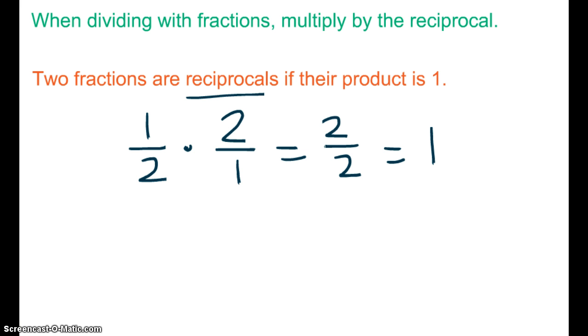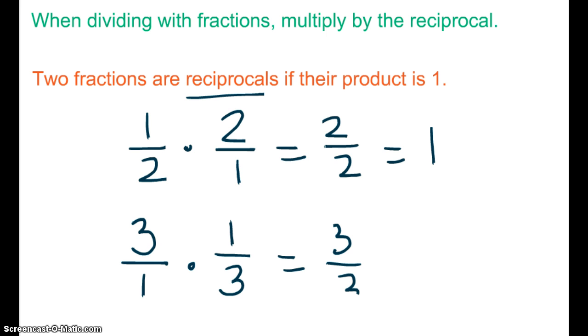So what would be the reciprocal of 3? Well, 3 is written as 3 over 1, so its reciprocal is 1/3, because that equals 3 over 3, which is 1.